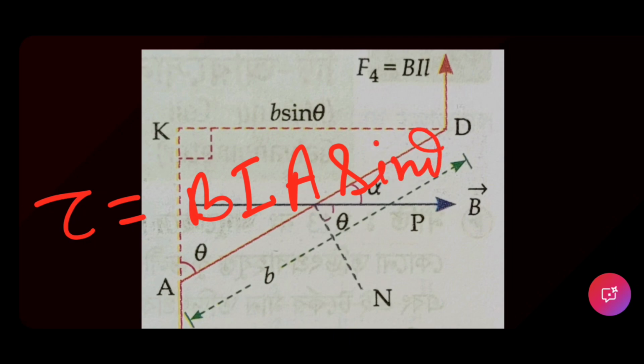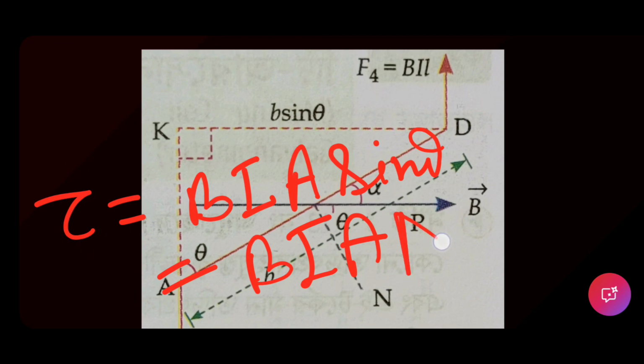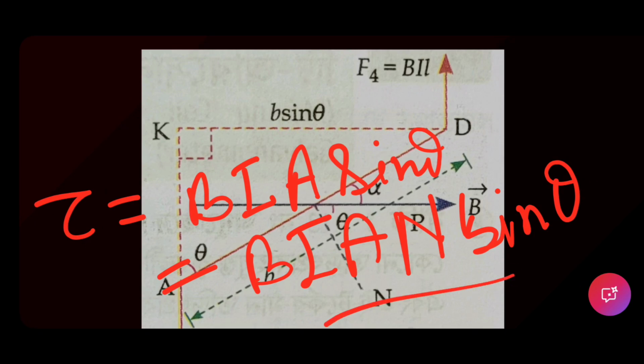Okay. Now if theta is pi by 2, then what will it be? B I A. If there are n turns in this loop ABCD, then we will multiply with n. Okay. If there is angle theta, then we will put here sin theta. So this is the expression for torque.